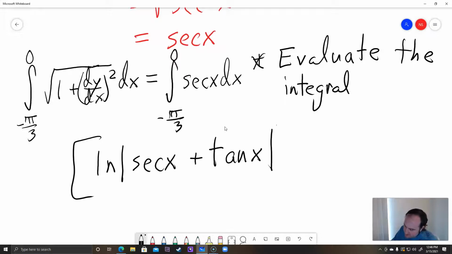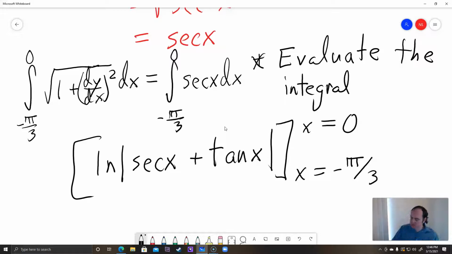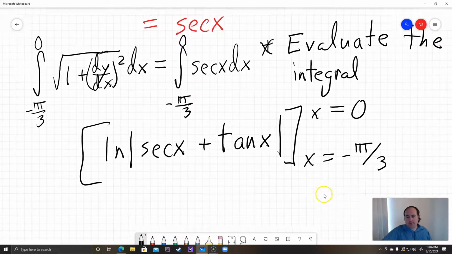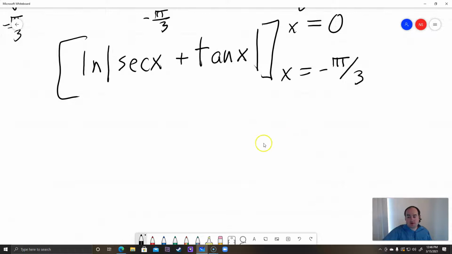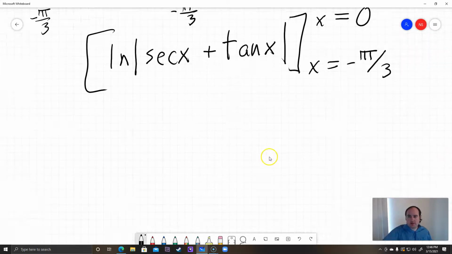And this is evaluated from x equals negative pi over 3 to x equals 0. Okay, and really the rest of the problem is just plugging in the numbers, subtracting, and remembering how to use the unit circle. Remember the unit circle is on your formula sheet as well. But first of all, let's plug stuff in here.